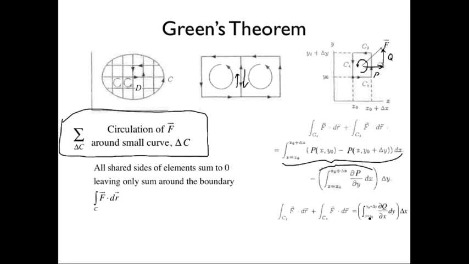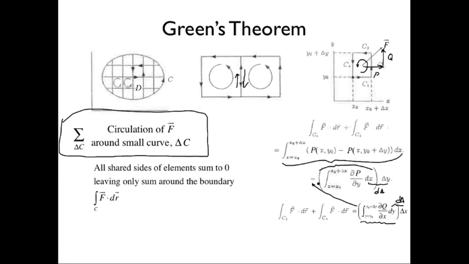And so what we're going to do is we're going to take this one minus this one, and we're going to sum all those up. So when we sum up all these single integrals, we get a double integral. Okay, so here's our dA here, and a little dA here. So we're accumulating all the changes in P with respect to y, and also all the changes of Q with respect to x.